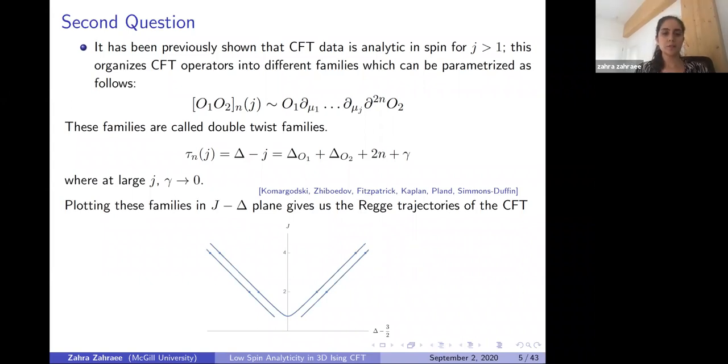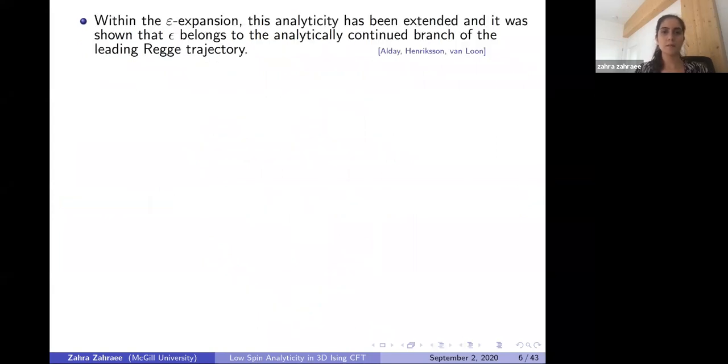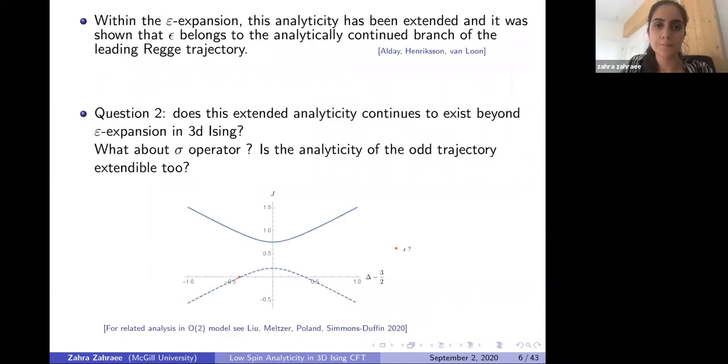These families are naturally plotted in the j-delta plane, and they define the Regge trajectories of the CFT. Within the epsilon expansion, this analyticity has been extended, and it was shown that the epsilon belongs to the analytically continued branch of the leading Regge trajectory.